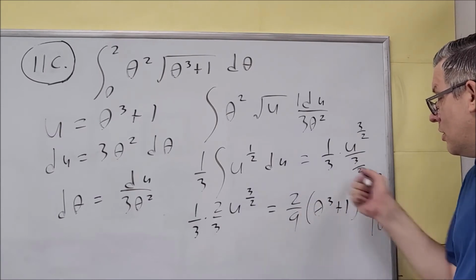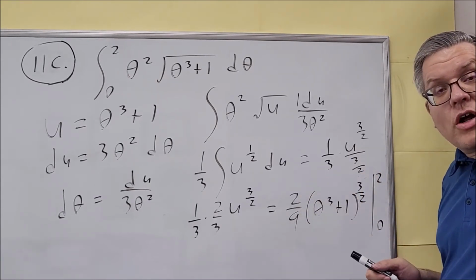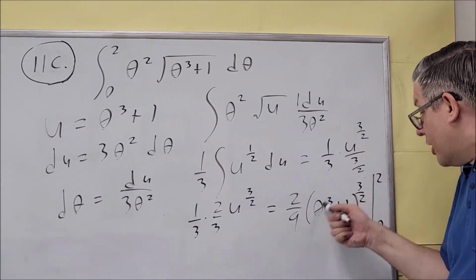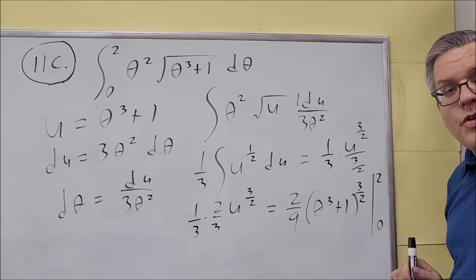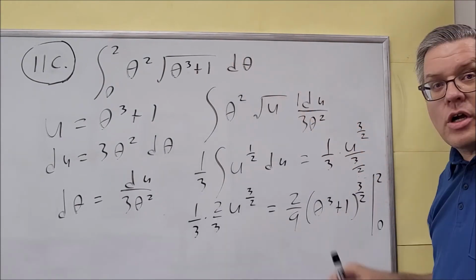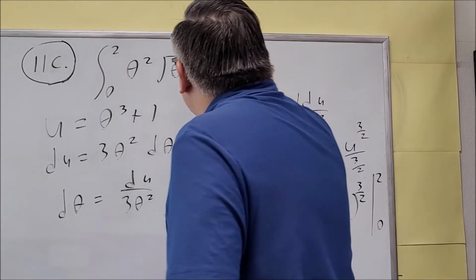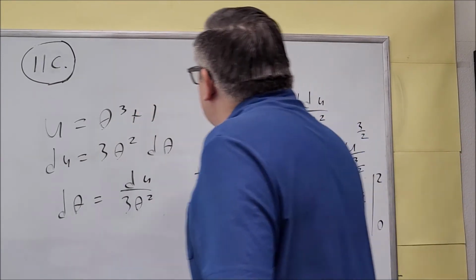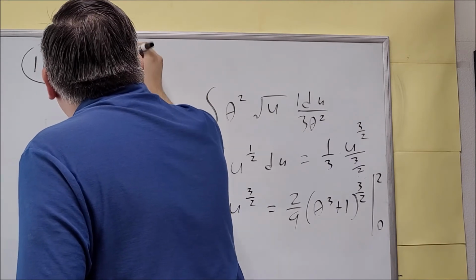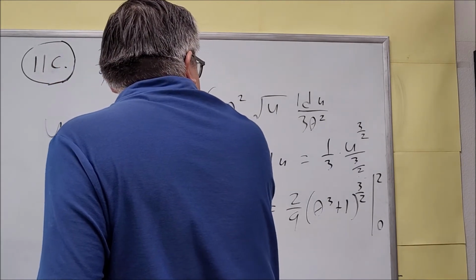So this is the main formula that we're going to use now to evaluate that. We'll put the 2 in there first, and then we'll put the 0 in. So I'm going to write that up here on top so we have more space. Okay, so first I put the 2 in there.